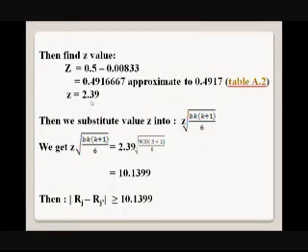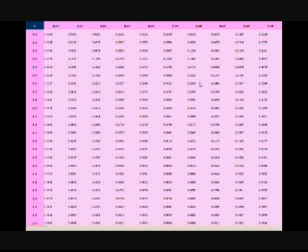Here I want to teach you how to get the value of z equal to 2.39 by using table A.2. Here is table A.2. Here is the value of z, and inside the table are the area values. We know that the area is equal to 0.4917.